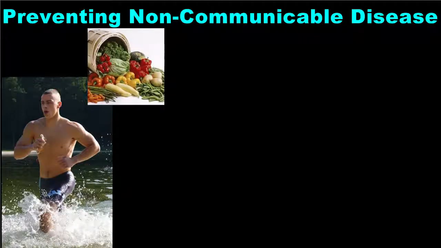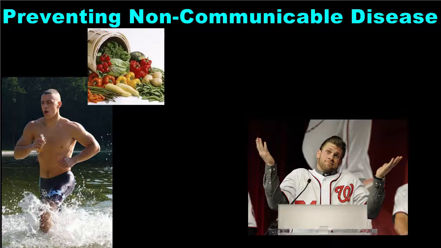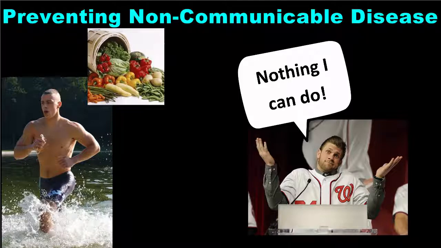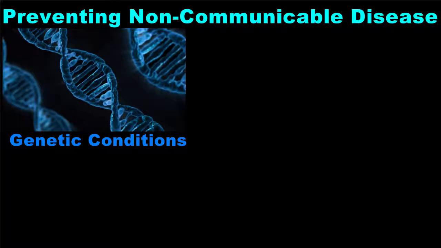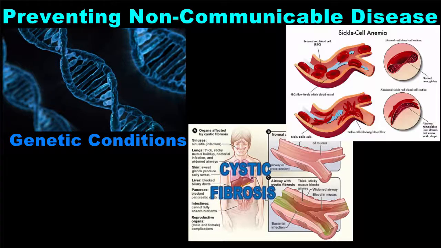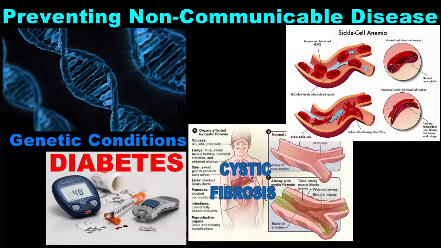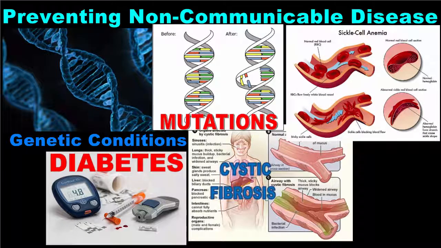While a healthy diet and exercise go a long way in preventing many non-communicable diseases, some illnesses are simply out of our control. Genetic conditions like cystic fibrosis, sickle cell anemia, and type 1 diabetes are caused by mutations to genes within our DNA.